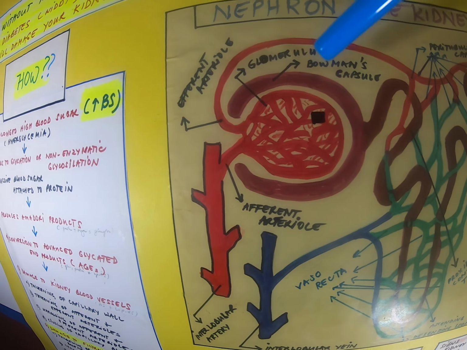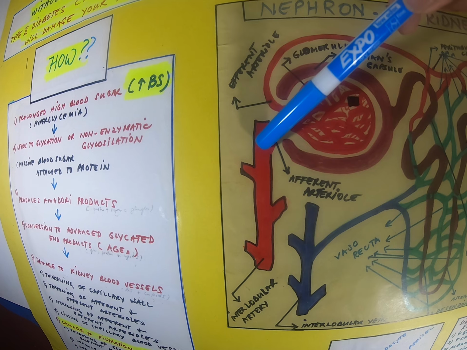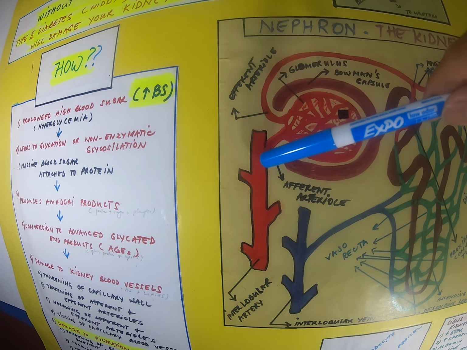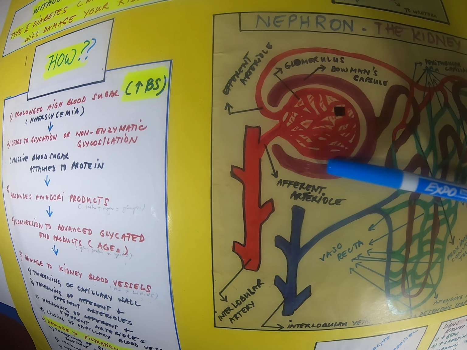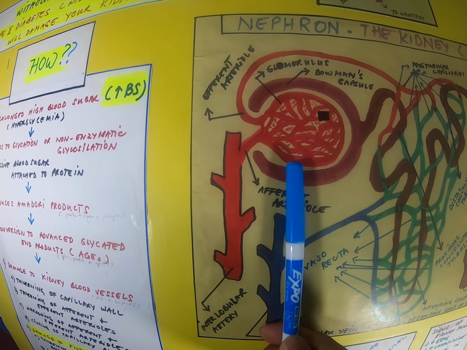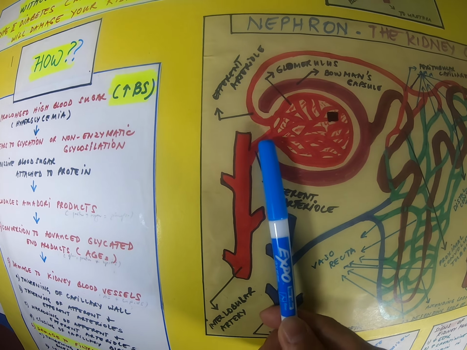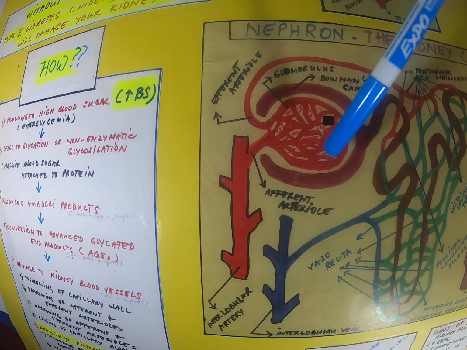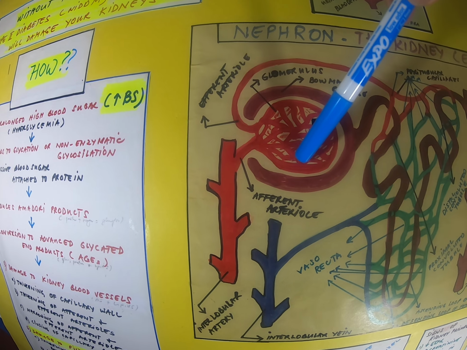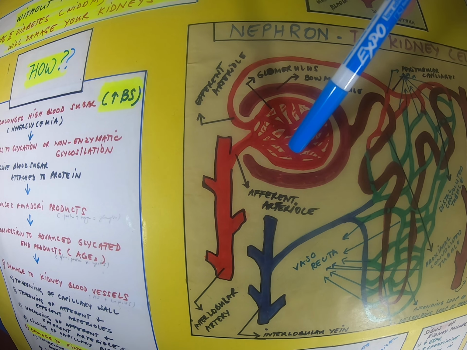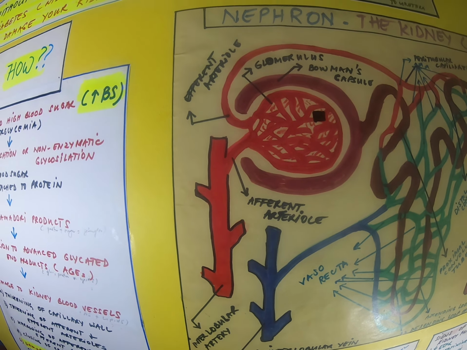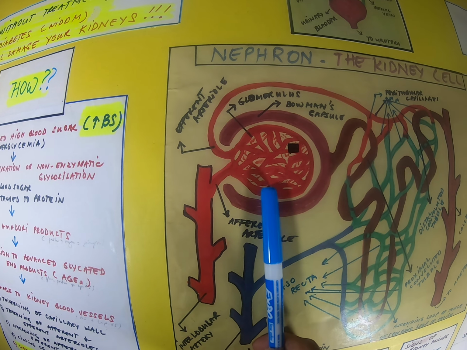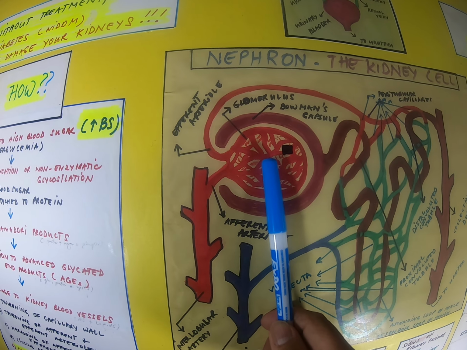So we have here the interlobular artery that receives blood from the renal artery. That blood will go through the dilated afferent arteriole. Here the kidney perfusion increases, and the resistance of the afferent arteriole increases to prevent transmitting the increased pressure to the glomerulus.